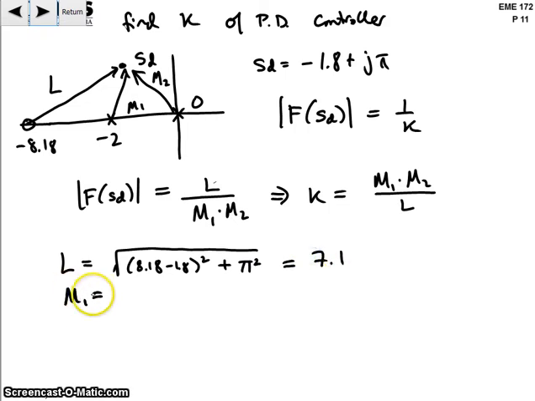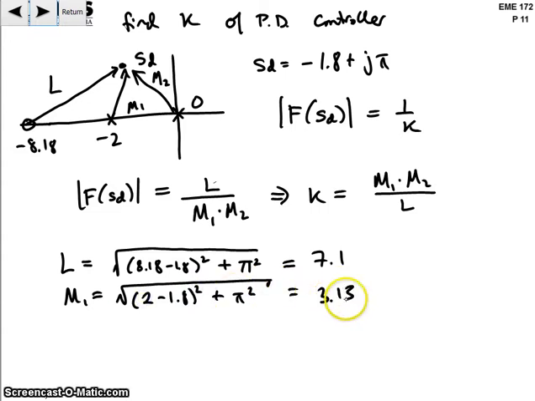And M1, a similar kind of calculation. I'm going to have 2 minus 1.8 squared plus pi squared. And so I get 3.15.